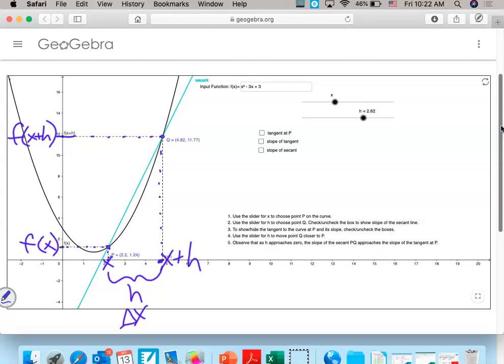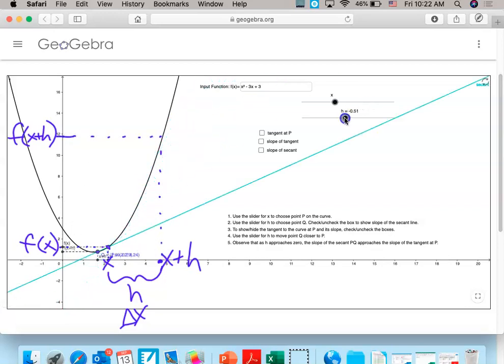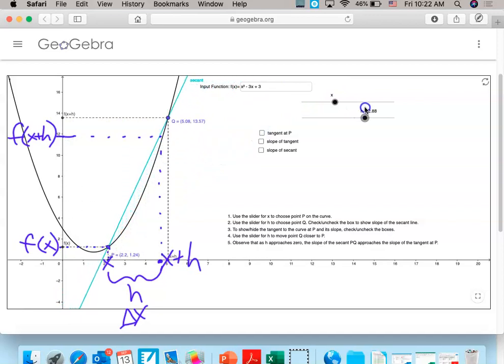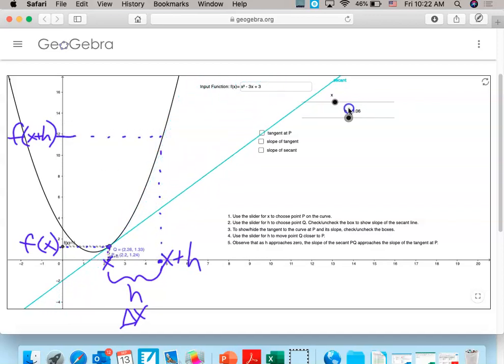As we move them closer and closer together, instead of saying bring x to a, what we're actually saying is, let's let our h approach 0. If h approaches 0, then there's no distance between the points, right? So it's essentially doing the same thing, just with different notation.